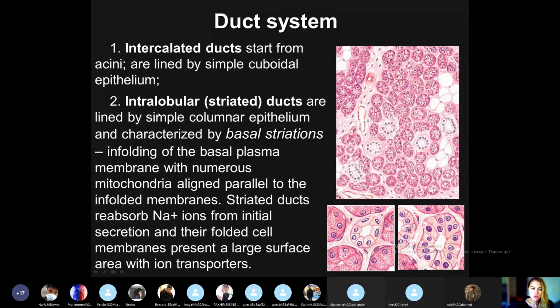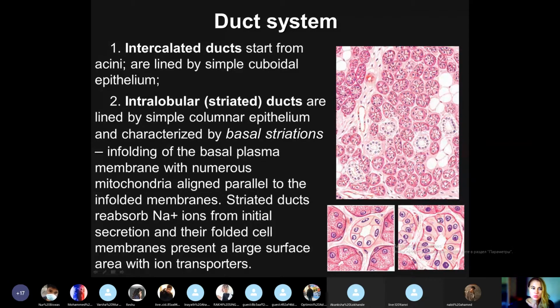Second type is intralobular. Intralobular, intra prefix means inside the lobule. Over here we can see connective tissue stroma that separates the parenchyma of the gland into the lobules. And inside each lobule we can see the intercalated and intralobular ducts.